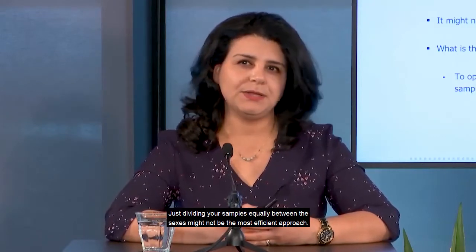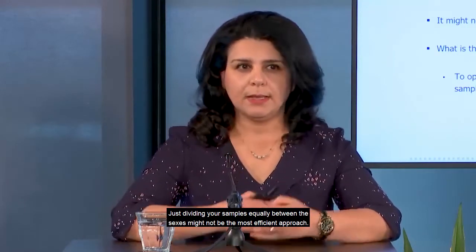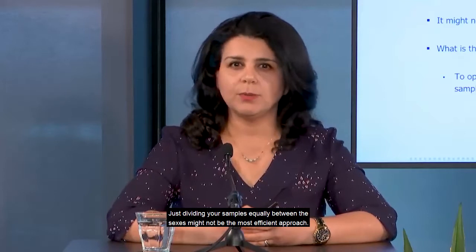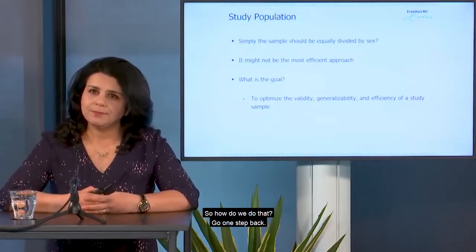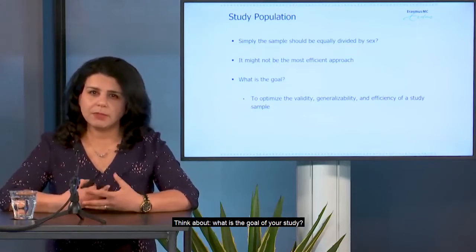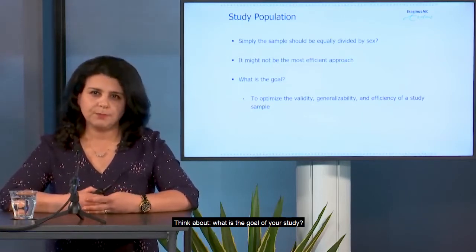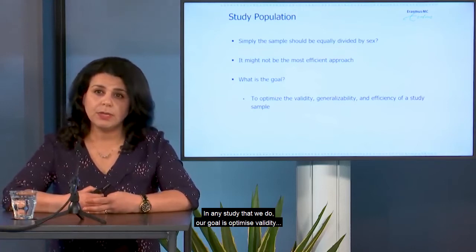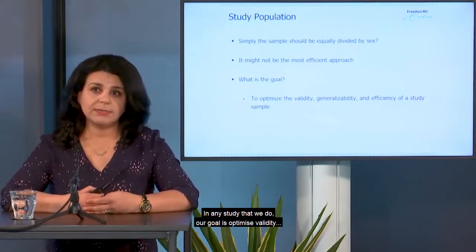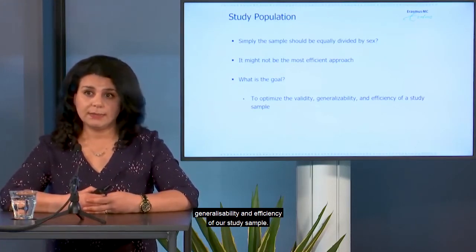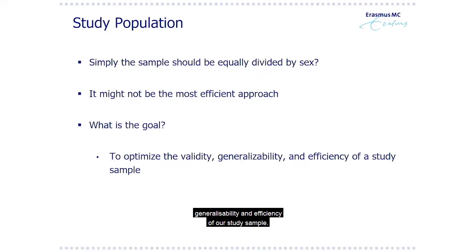So just dividing your samples equally between the sexes might not be the most efficient approach. So how do we do that? Go one step back. Think about what is the goal of your study. In any study that we do, our goal is to optimize validity, generalizability, and efficiency of our study sample.